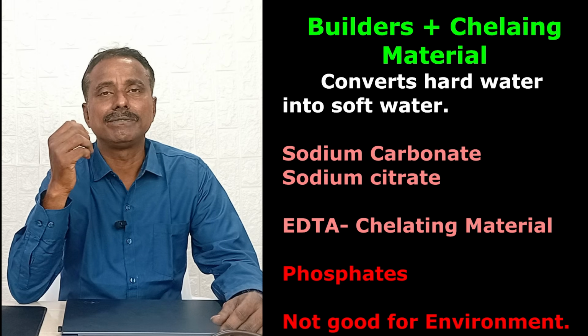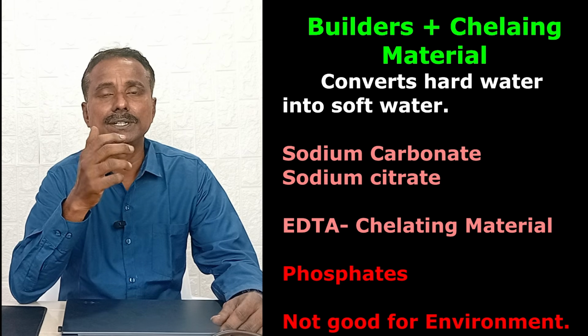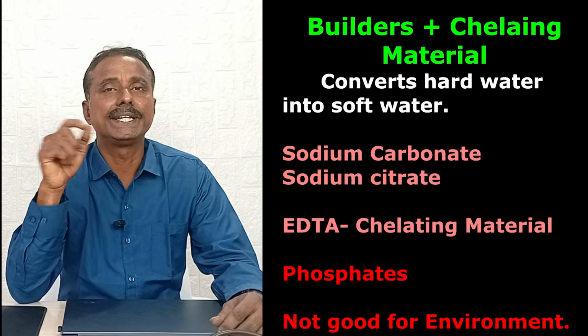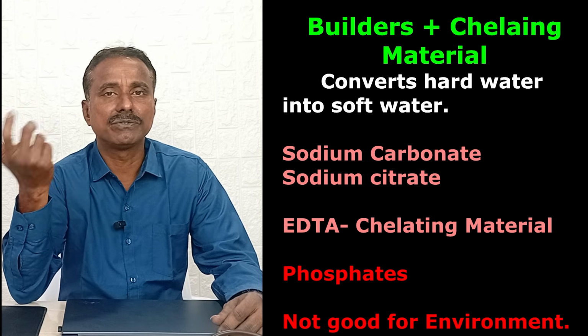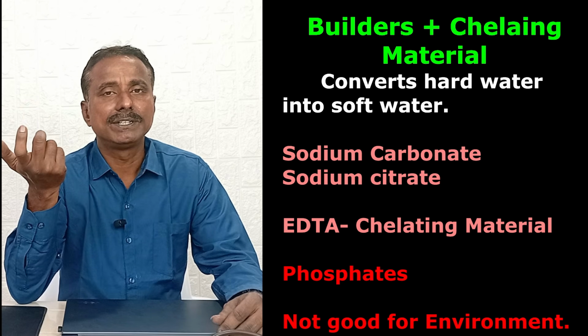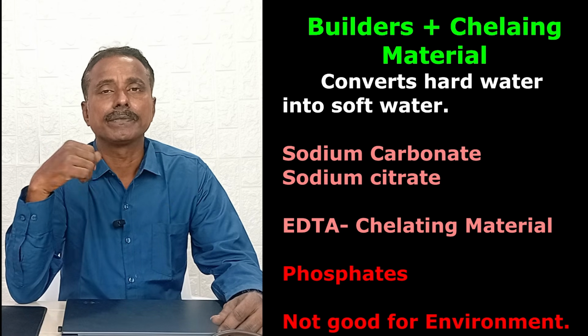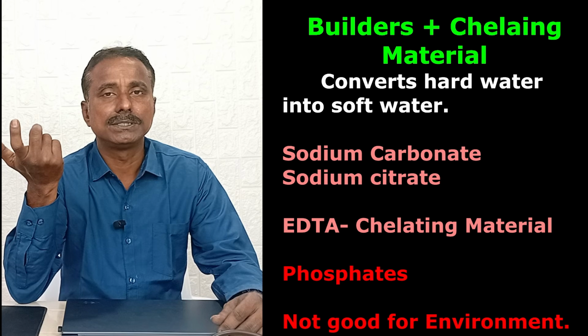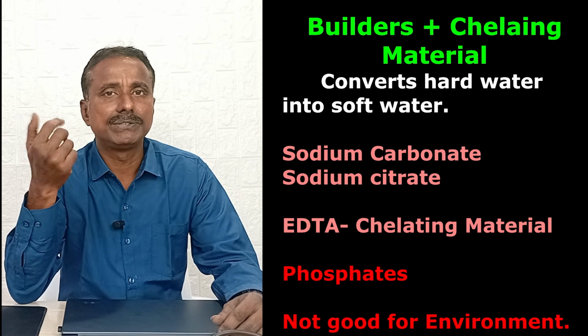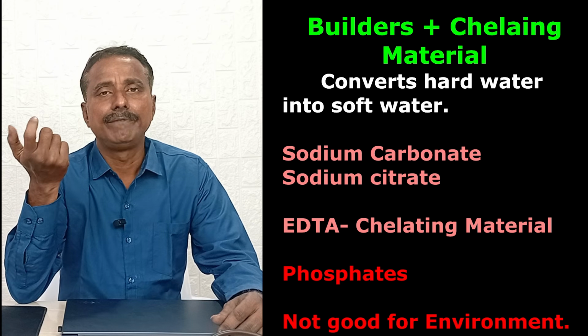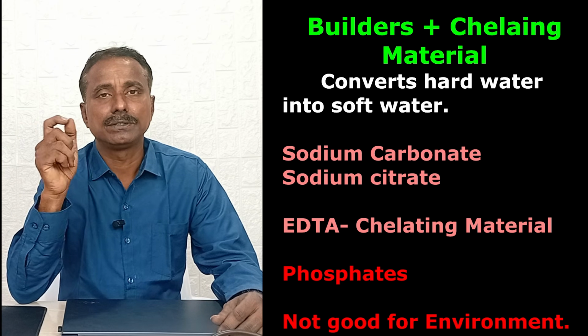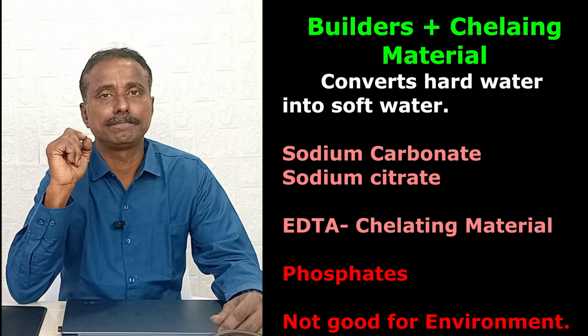So whether to use them or not depends upon the formula. In case of a premium dishwash bar formula, a phosphate-free formula is advisable. We can avoid phosphates. In case of a low cost dishwash formula, left with no other choice, we need to use phosphates.